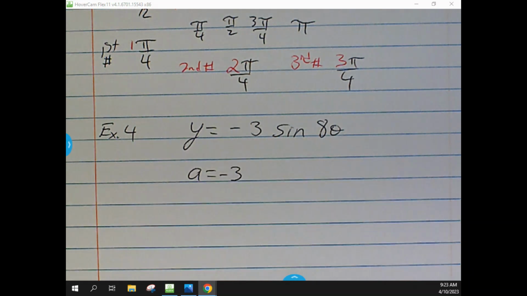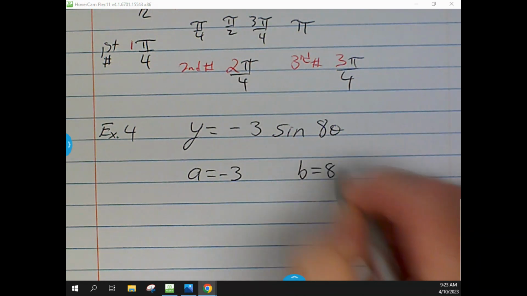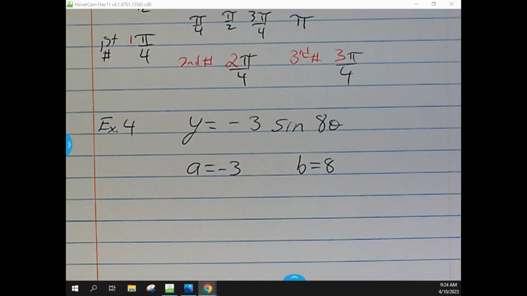All right, A value is -3, B value is 8, so no big deal there for those.